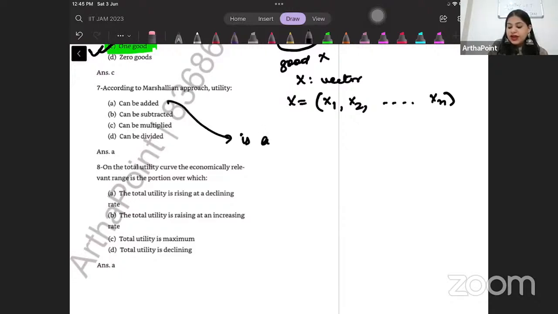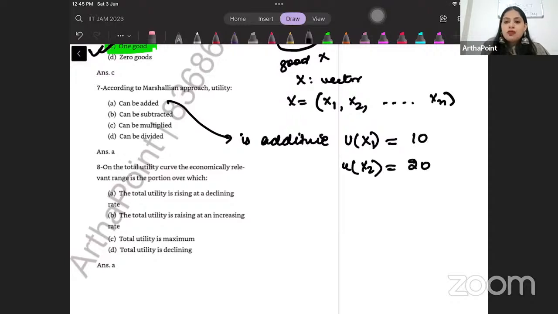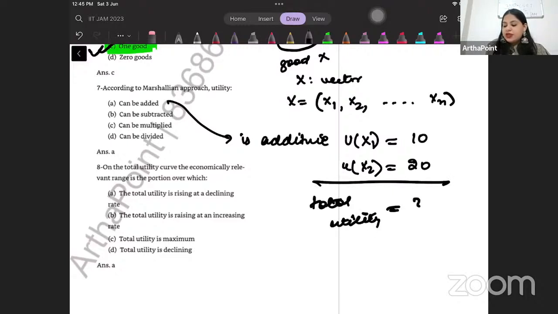Utility is additive. ये क्वेश्चन बहुत ज्यादा कंफ्यूजिंग है, बिकॉज मेनी स्टूडेंट्स थिंक दैट अच्छा यूटिलिटी तो एक कार्डिनल कॉन्सेप्ट है, नंबर्स में है, तो हम ऐड सब्ट्रैक्ट मल्टीप्लाई डिवाइड कुछ भी कर सकते हैं. बट बेटा यूजुअली यूटिलिटी को एडिटिव माना जाता है. मतलब if I get a utility of 10 from commodity 1, utility of 20 from commodity 2, the total utility can be 30.